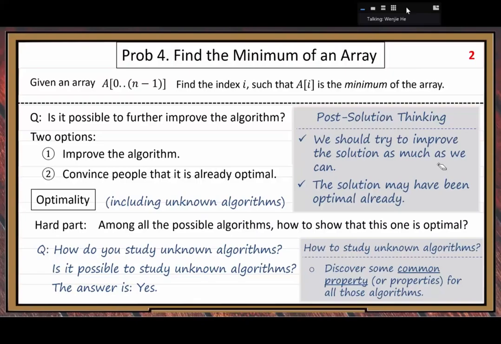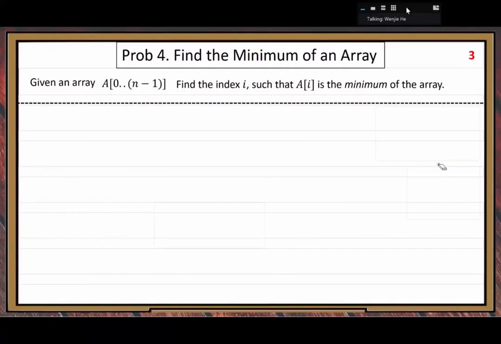If you cannot find those common properties, then you cannot study. If you can find common properties covering all those unknown algorithms, then you can study and make your conclusion. Here, we will do it that way.